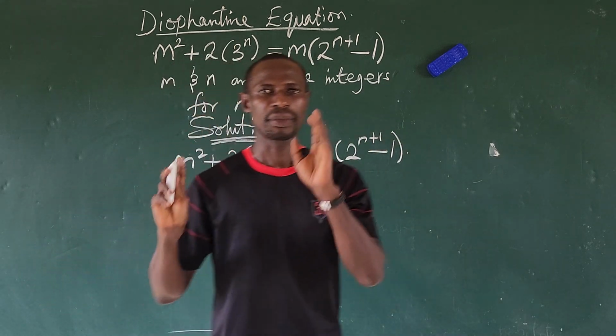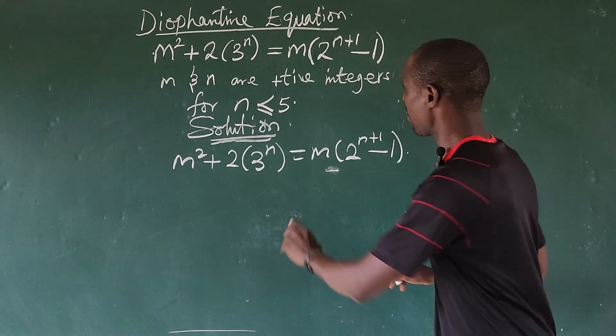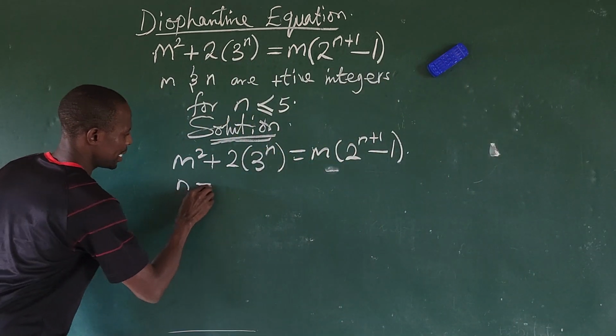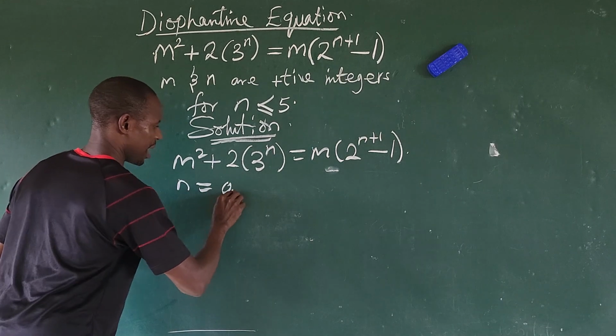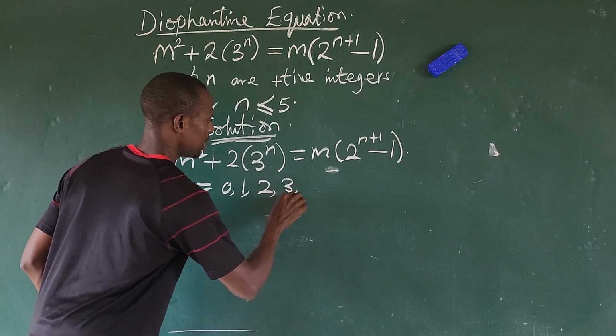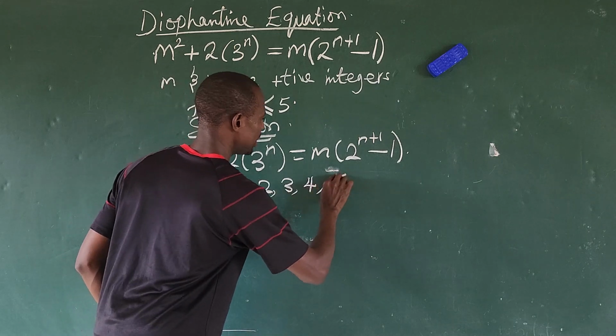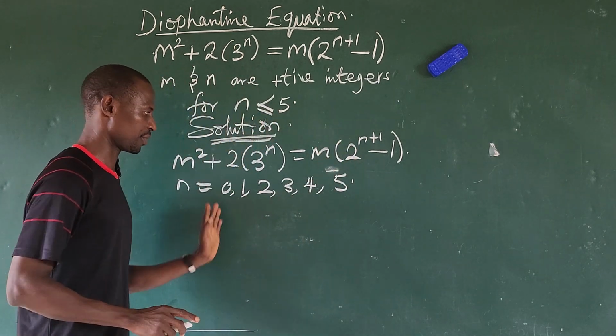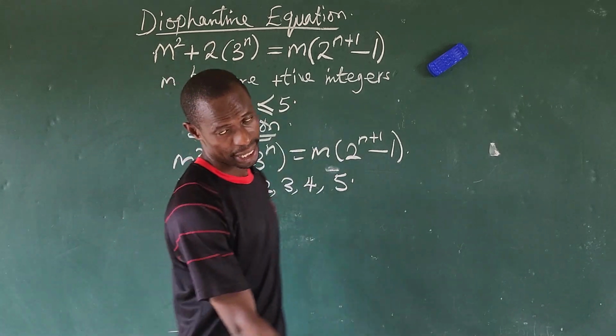Now we have to look for the range of values for our n. So from here we discover that n is equal to 0, 1, 2, 3, 4, and 5. Given this condition, what do we do here?